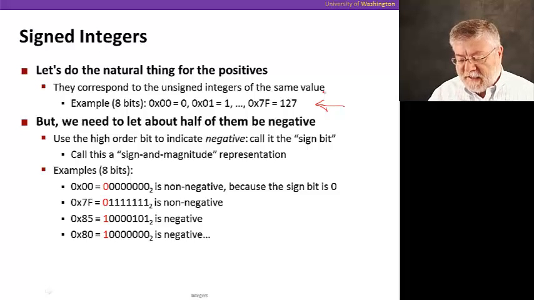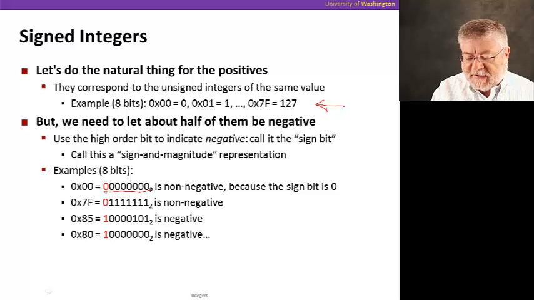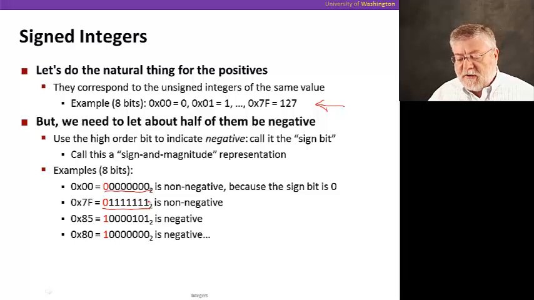Let me give you a few examples. Here we have the number 0, and you'll notice that it has a 0 in the most significant bit. So it's non-negative because the sign bit is 0 and the value is 0. Here we have another non-negative number, where except for the sign bit, all the other bits are 1. That corresponds to the number 127. Okay? Now, the other two numbers in these examples are both negative numbers.